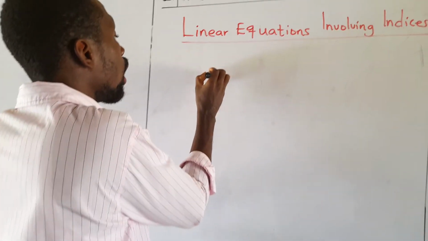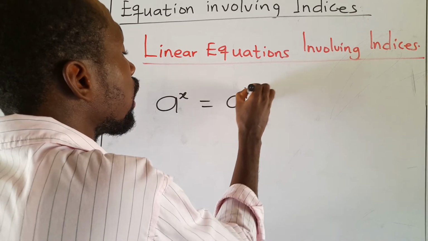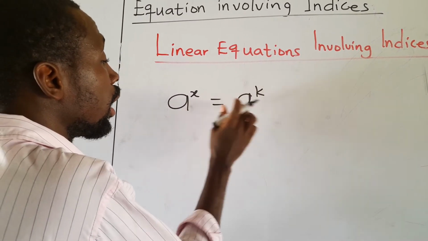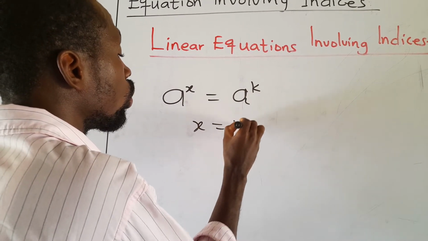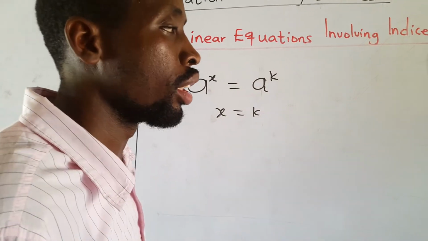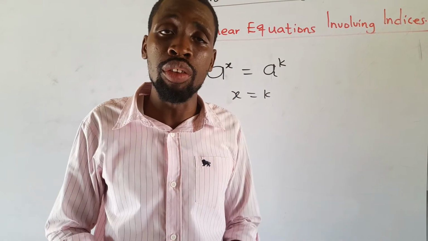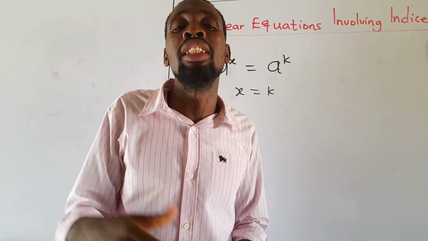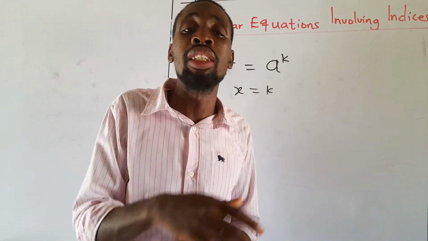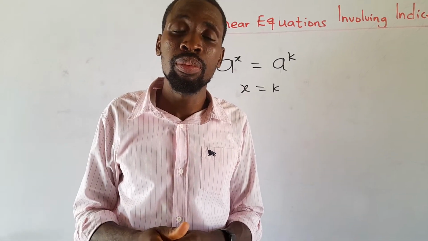For instance, if I have a exponent x and it's equal to a exponent k, since the bases are the same, then we can say x is equal to k. That is very easy, and knowing the rules and the properties governing this will be a very simple approach. So we'll take some sample questions, especially WASSCE questions involving linear equations, and we'll find solutions to them.